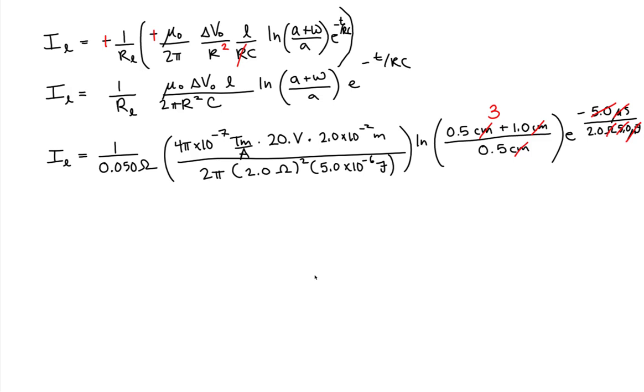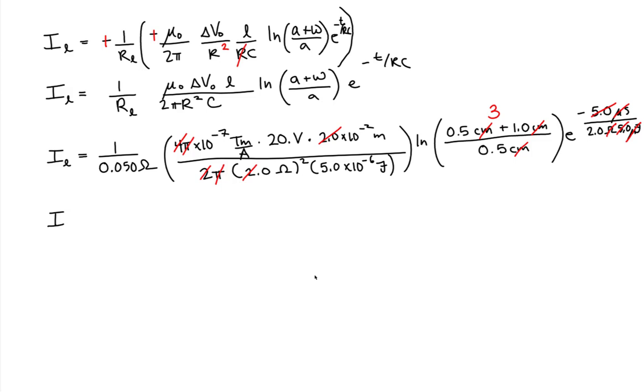So natural log of 3. And then continuing, in no particular order, I see that a pi in the numerator can cancel with a pi in the denominator. A 2 in the numerator cancels with a 2 in the denominator. A 4 in the numerator cancels with a 2 squared, which is 4 in the denominator.